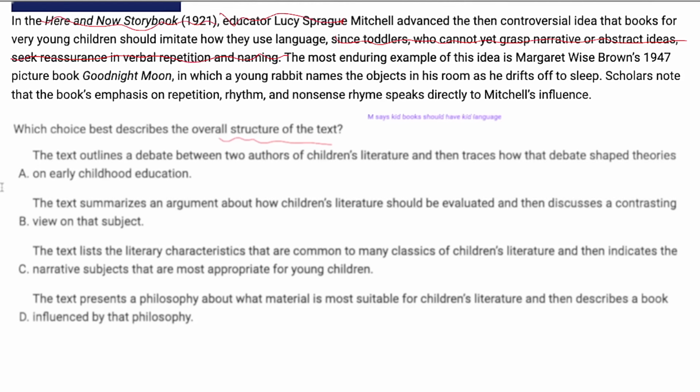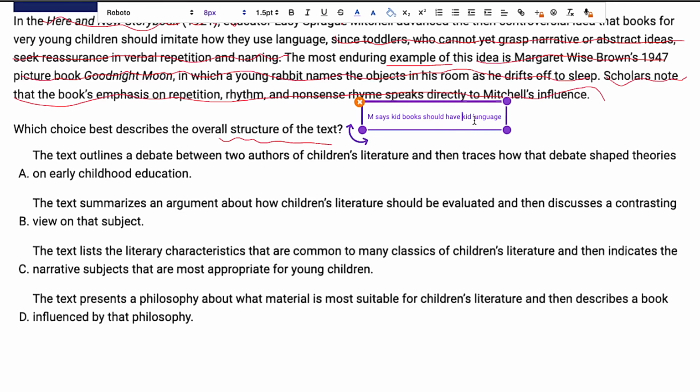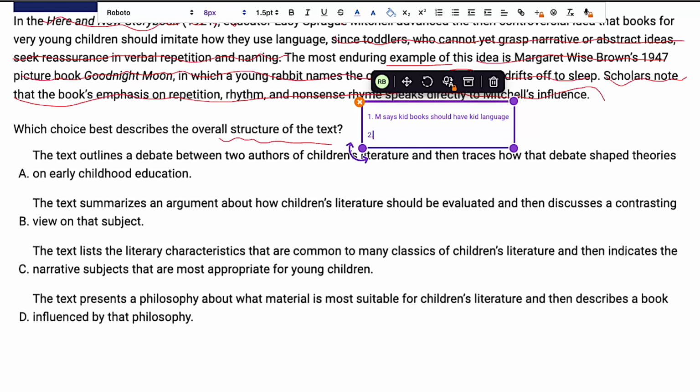I don't care about the why. "The most enduring example." Okay, so an example of this. Everything after that I'm ignoring. Everything. "Scholars note the emphasis..." Okay, this seems to be speaking more to that example. So you can see how much fluff I'm eliminating here by saying the first thing that happens is M says the book should have kid language. The second thing that happens is we get an example of that.